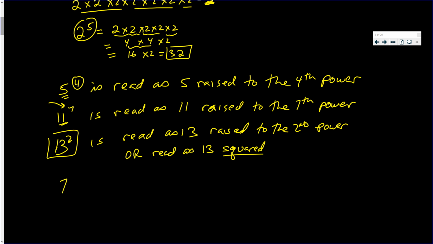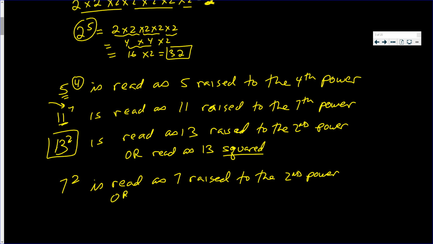So for example, 7, that symbol is read as 7 raised to the second power, or as 7 squared.